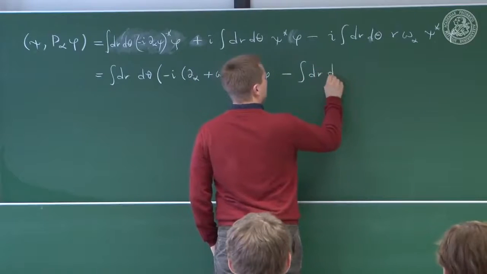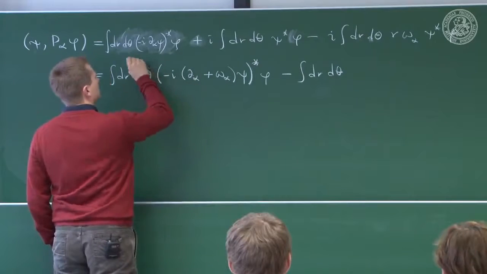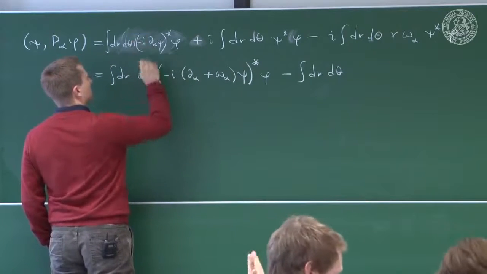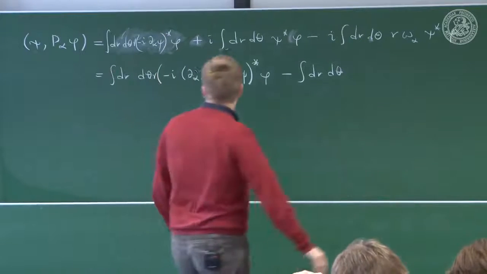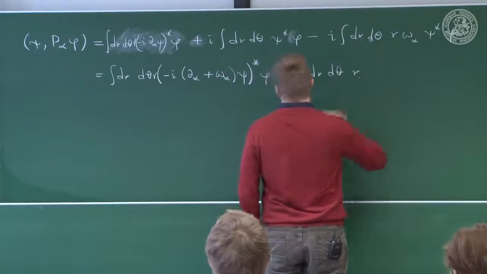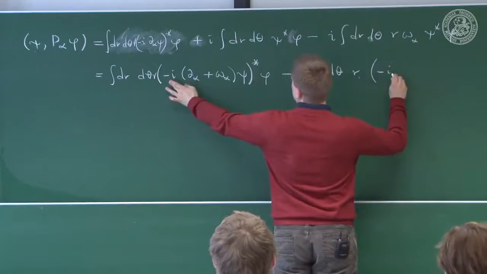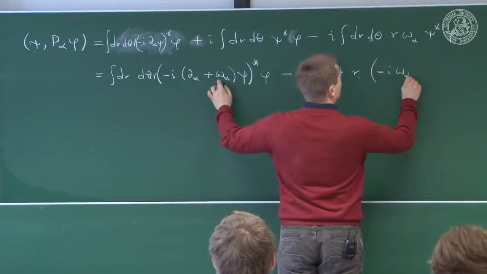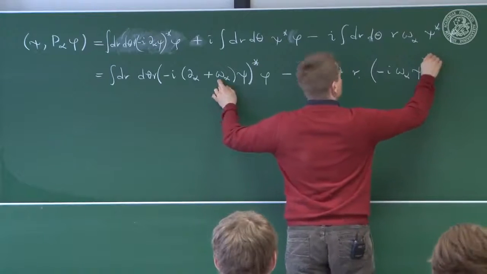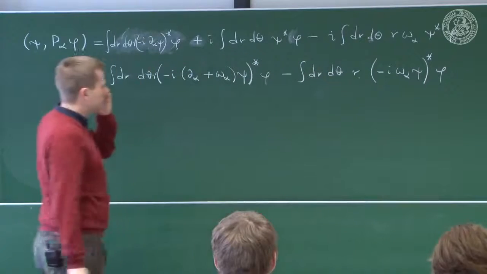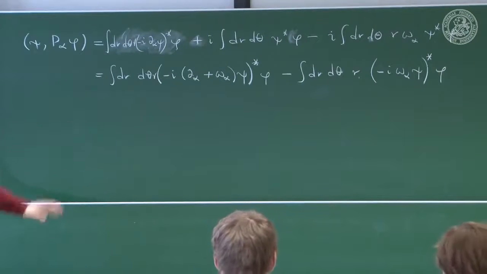So dr d theta, I think there's another r here, no? There is an r here. Yeah, okay. So dr d theta r, so I take away what I added. What I added was minus i omega alpha psi starred phi. Do you all concur? That's what I added, and I subtracted again.